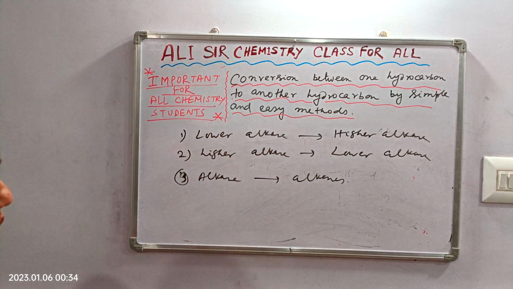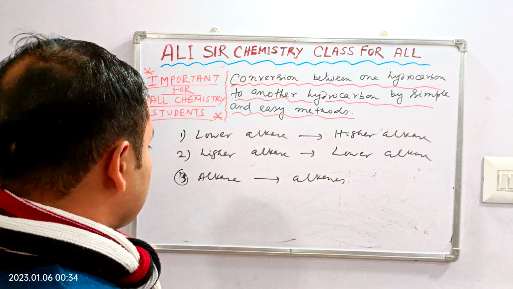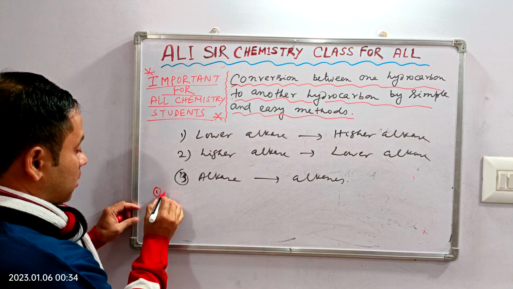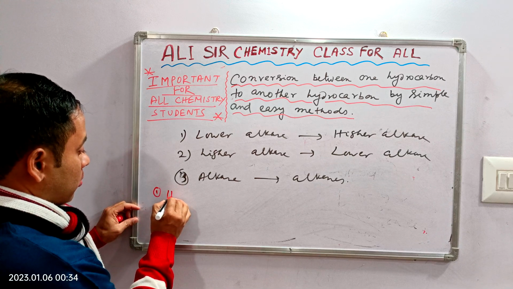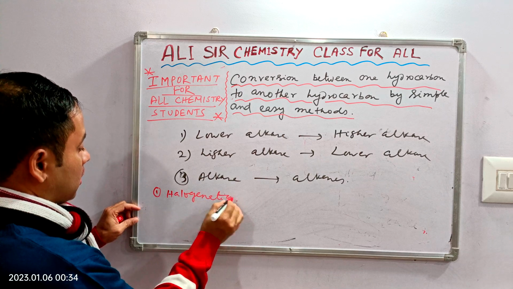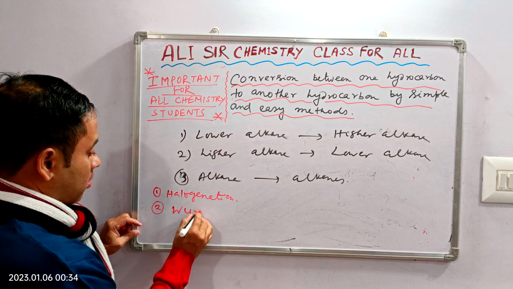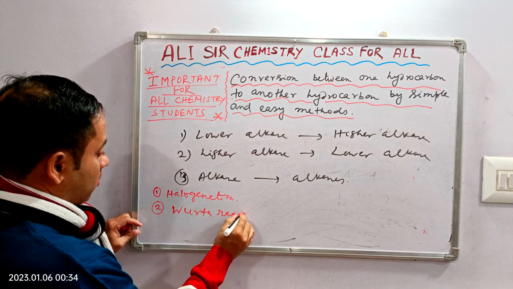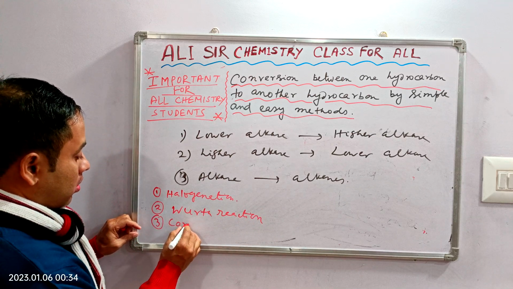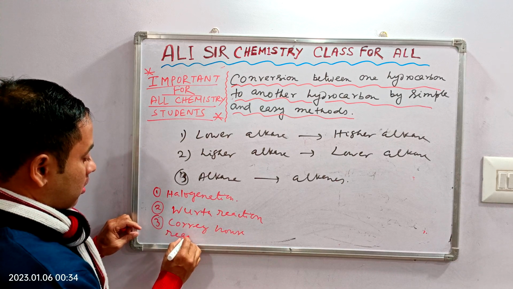Now the reactions used for these types of conversion are, first one is halogenation. Number 2 is the first reaction for the preparation of symmetrical alkane. Number 3, Corey-House reaction.